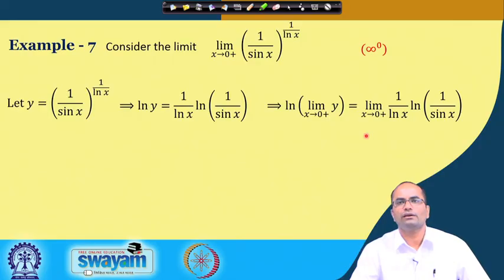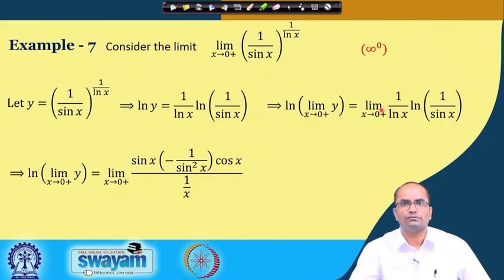Now, we can apply the L'Hopital rule. So, here ln 1 over sin x, the derivative of this will be sin x times the derivative of 1 over sin x, which will be minus cos x over sin square x. So, this is the derivative of the numerator term, and then ln x will give 1 over x. So, now we can simplify this.